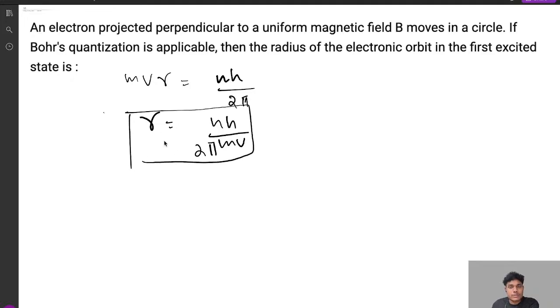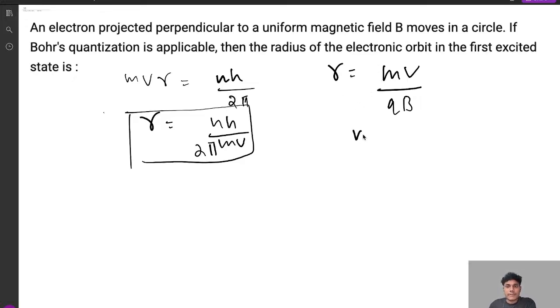When an electron is projected perpendicular to a magnetic field, it follows a circular path, right? And the radius of that circular path is equal to mv by qB. This is the radius of the path followed by the charged particle in a magnetic field.